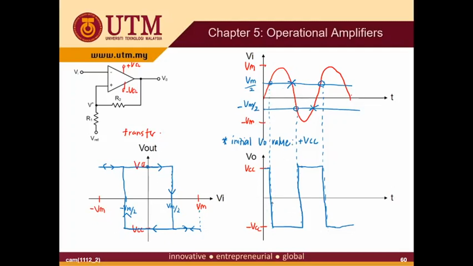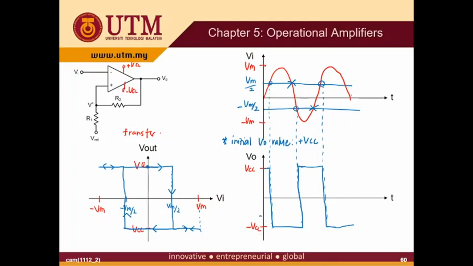Okay, for the waveform of the Vout, what you need to be aware of is that the maximum Vout is plus VCC and the minimum value is minus VCC. So it is a square wave, and then make sure that you take note of where the transition happens.